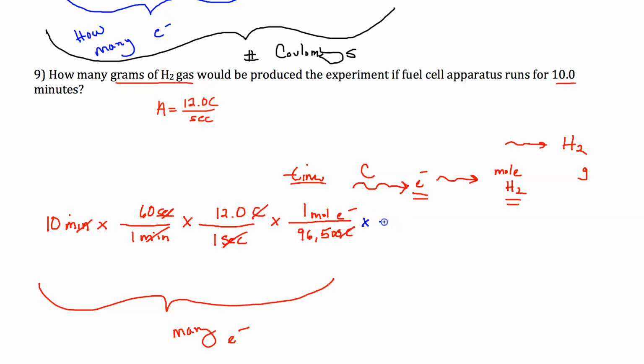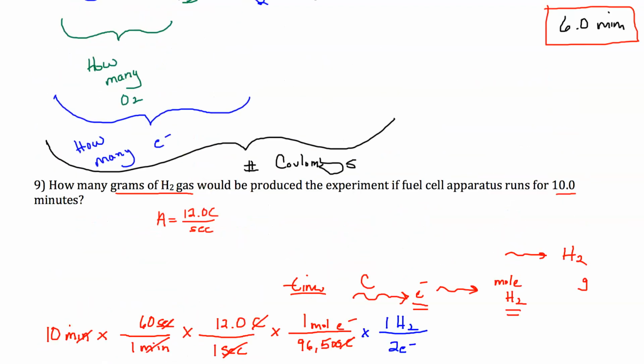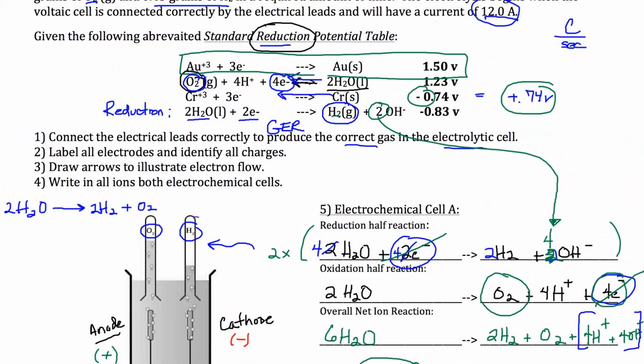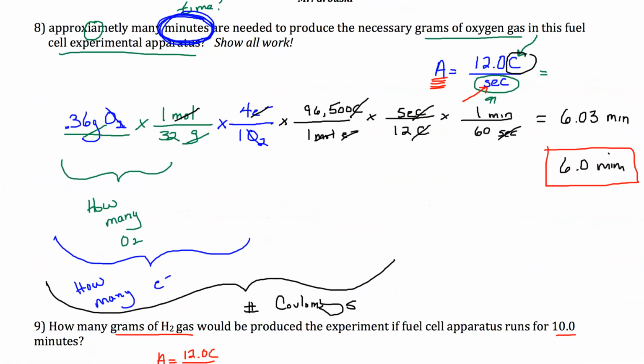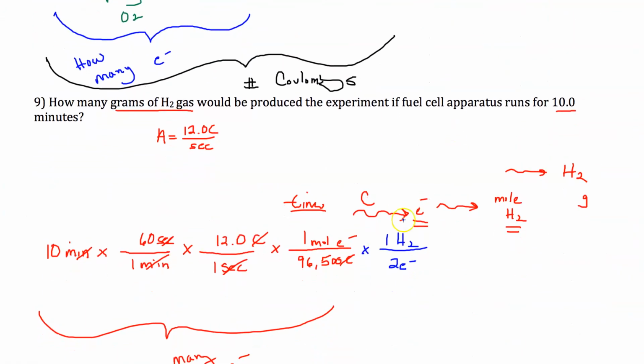And what's the ratio? Well, isn't there 2 electrons per 1 H2? And again, if you don't know, take yourself to the half reactions. To produce H2, for every one of these, 2 electrons were absorbed by the water. Yeah, go right to the information given to you. And so what does this give me? Electrons cancel, and I'm left with moles of H2. They didn't ask that.